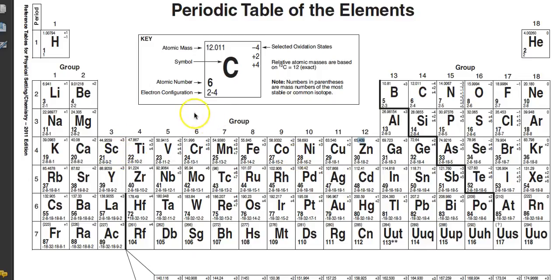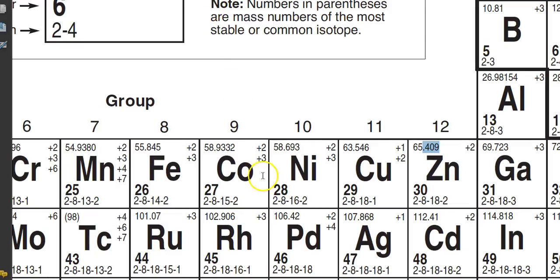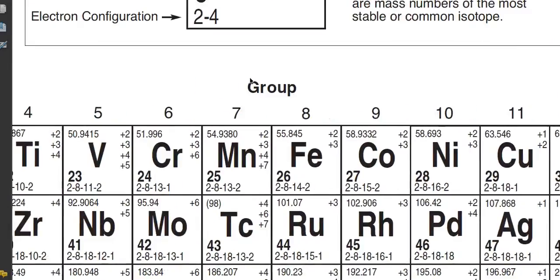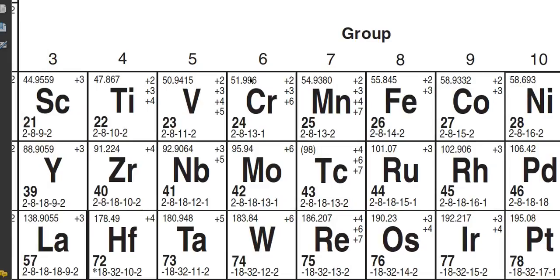So chromium, generally speaking, its valence electrons are the electrons that it can react with. In the case of metals, metals lose electrons to react.